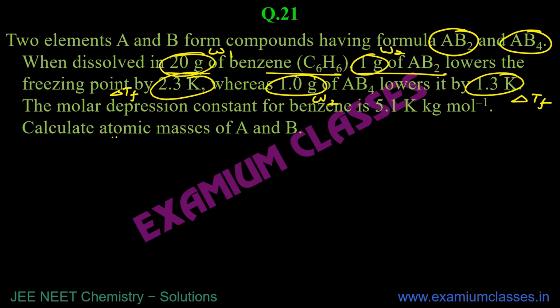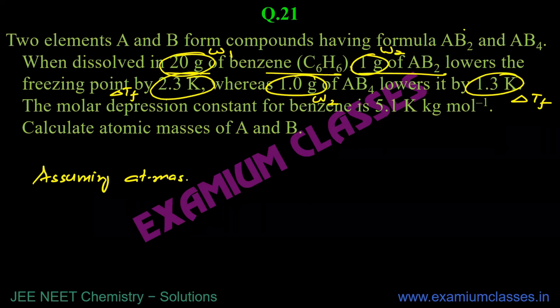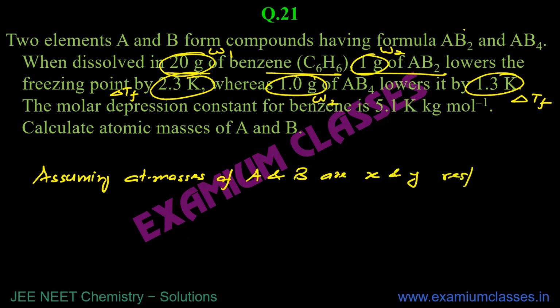Here it is asked, calculate the atomic masses of A and B. So we can get the molar mass of AB2 in terms of atomic masses of A and B. Similarly, molar mass of AB4 also can be obtained in terms of atomic masses of A and B. So I will assume the atomic masses of A and B are X and Y respectively.